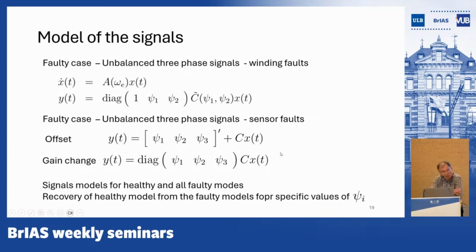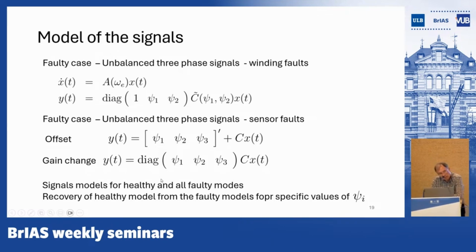In the faulty case where we have sensor faults, we have seen that a bias or an offset induces a change in the mean, which we can characterize simply by an additive constant in each line of the equation that gives the current. And the gain change is simply modeled by this diagonal matrix, which again will multiply each measured output.